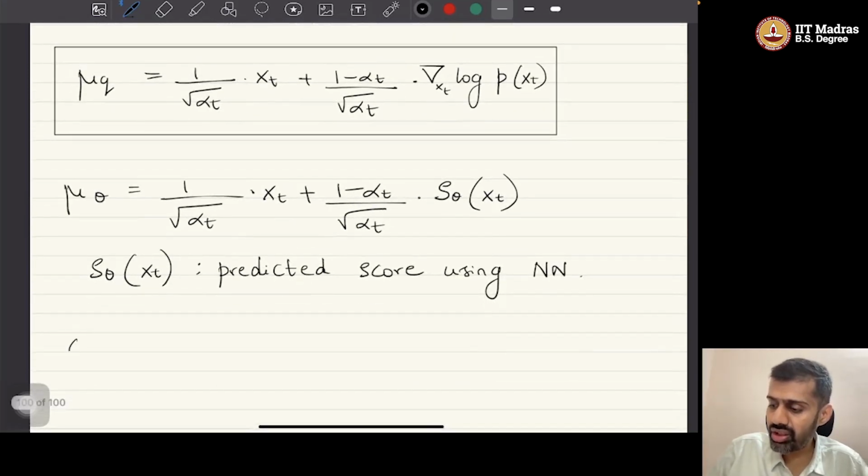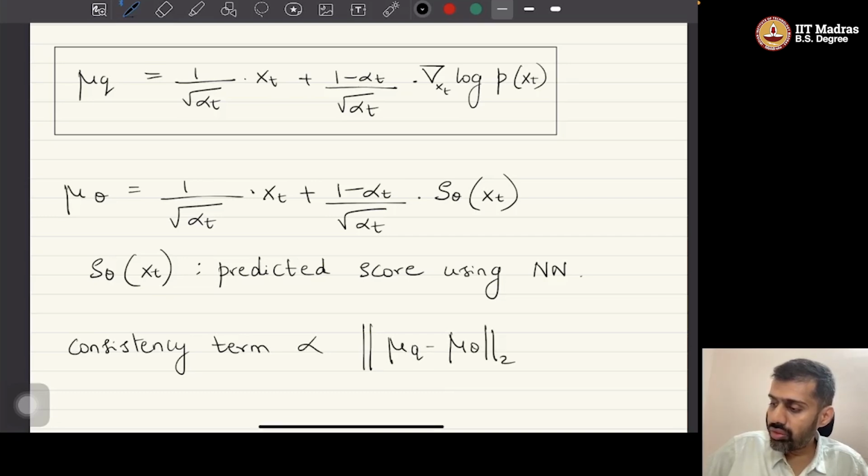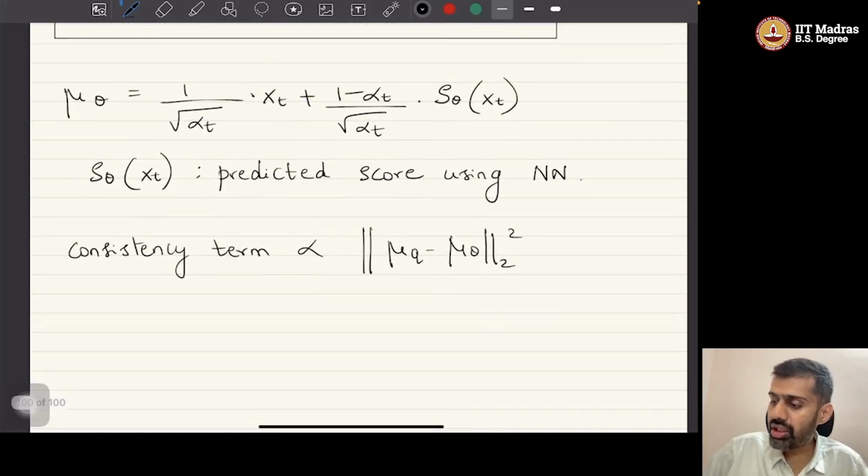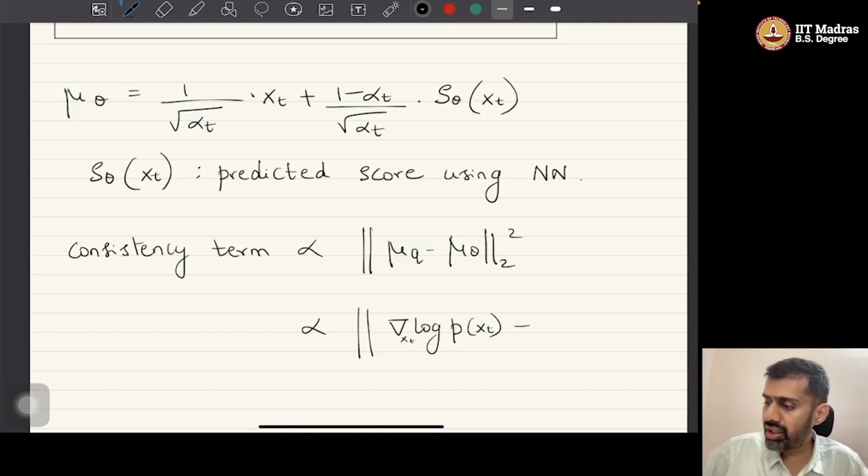So now what happens is, with this, the consistency term, which was the norm of the difference between mu q and mu theta, can be represented, just skipping all the constants, as the difference between the true score and predicted score. Okay, this is another interpretation.